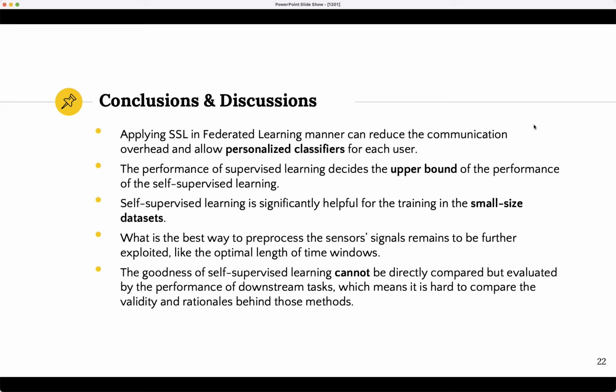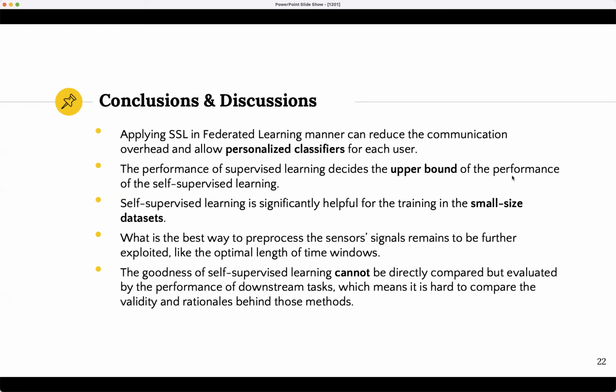There are no uniform guidelines for this kind of design. And the last one is that the goodness of this self-supervised learning cannot be directly compared, but only evaluated by the performance of downstream tasks, which means it's very hard to compare the fidelity and the rationales between those methods.